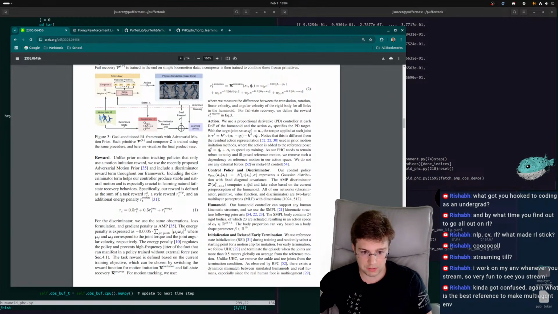Or is it doing more than that? Compares a fake and a real value. But they have the demo in here. So in the code base for this paper, they have the demo in here. So I don't know if by real and fake, they mean demo and then whatever the humanoid's doing at the moment.